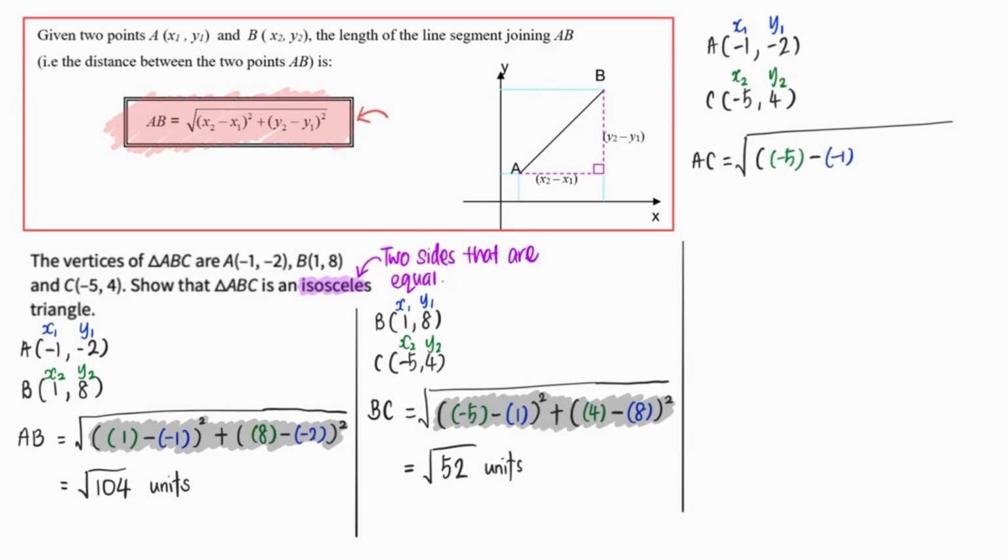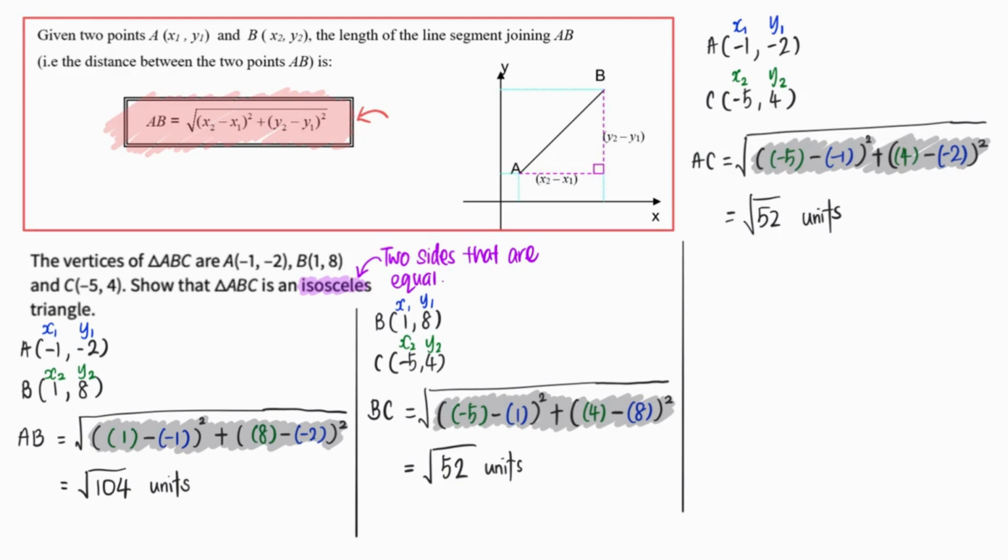Minus -1 squared, plus 4 minus my -2 squared. And for this, when I press my calculator, for this particular value, it does give me a value of square root 52 units.